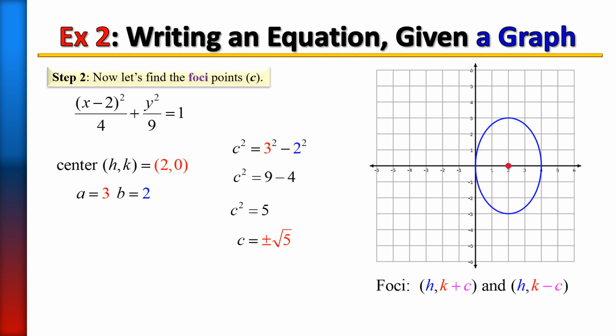Okay? And our y value, recall, is 0. So when you add that, you're going to have just the same, which is the positive and the negative square root of 5. So when you put it all together, our foci are 2, square root of 5 and 2, negative square root of 5.